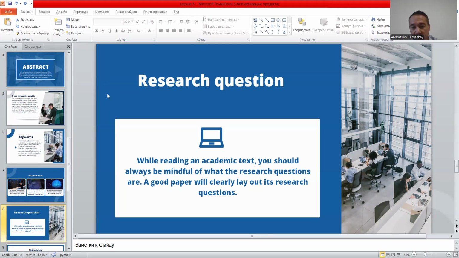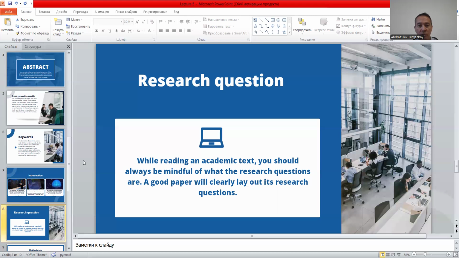A good paper will clearly lay out its research questions or thesis statement, because when the reader reads our research paper or essay, the reader can easily detect and understand the argument or claim of our paper.